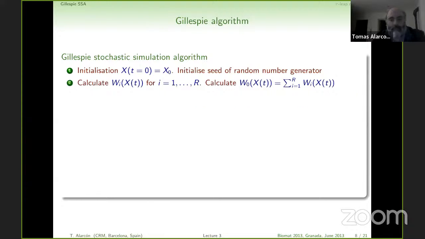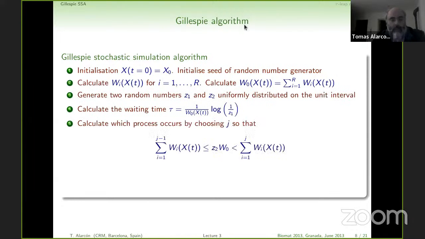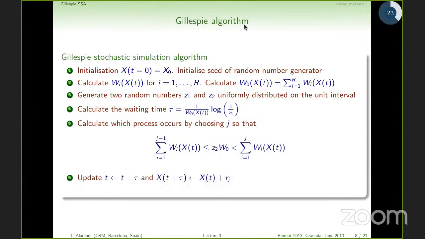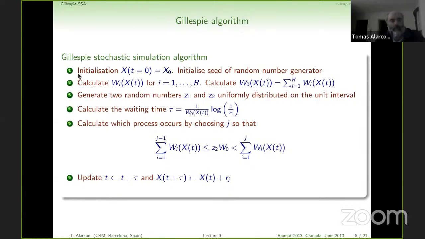So I will now go through the algorithm, just to recapitulate. The way the algorithm works is that you initialize your system, giving some initial condition at time 0, and you initialize the seed for your random number generator.